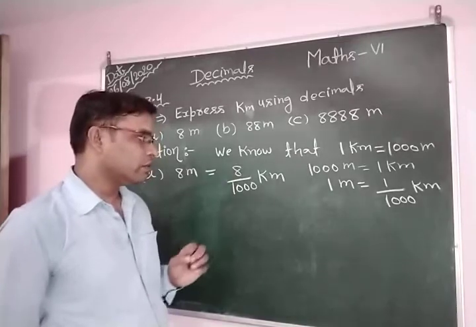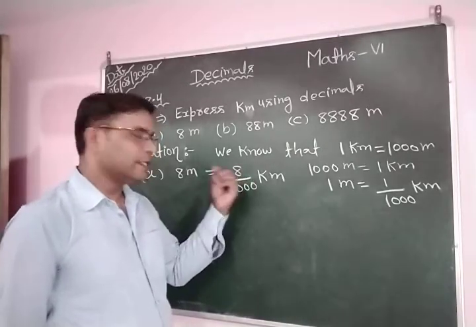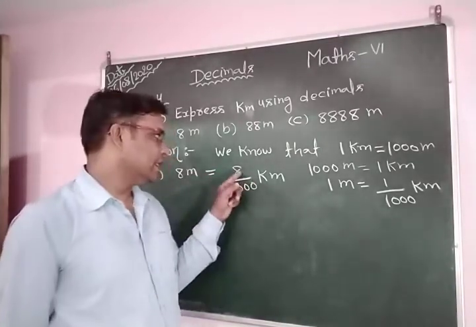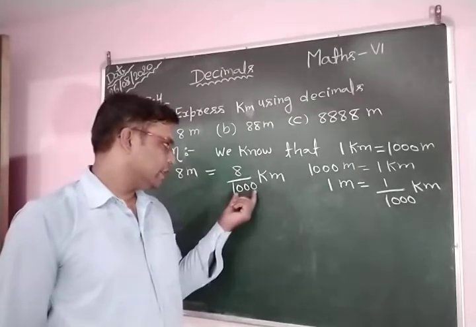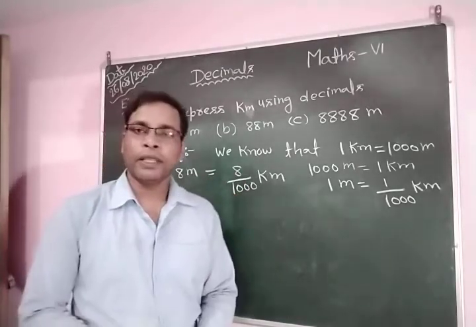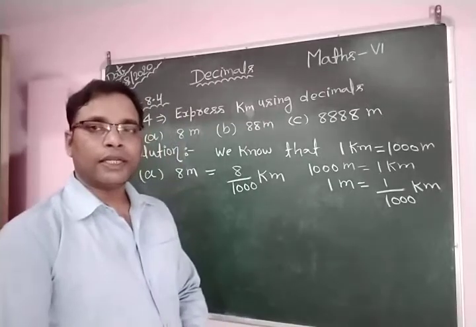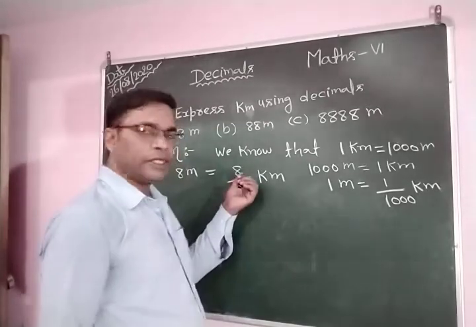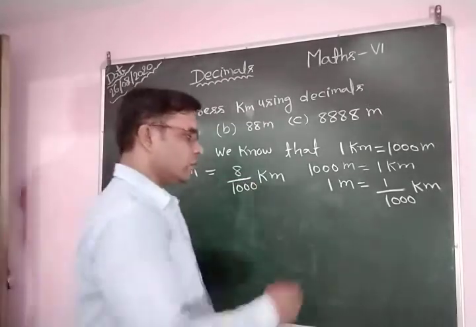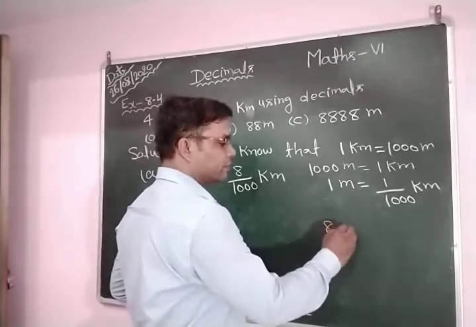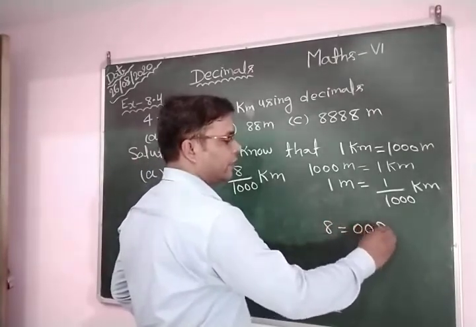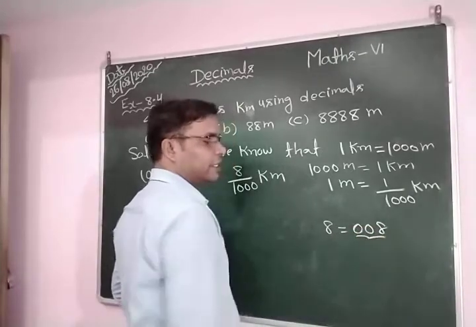Here you can see 3 zeros in the denominator, but here only one digit. The decimal point is after 8, so the decimal must move 3 digits from right to left, but we have only 1 digit, so we can write 8 as 008. Now this becomes 3 digits.